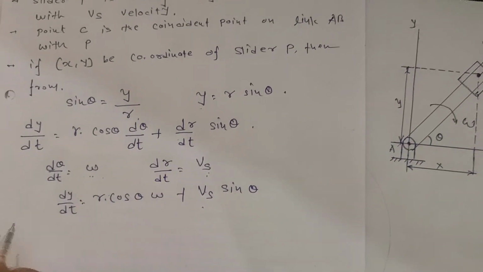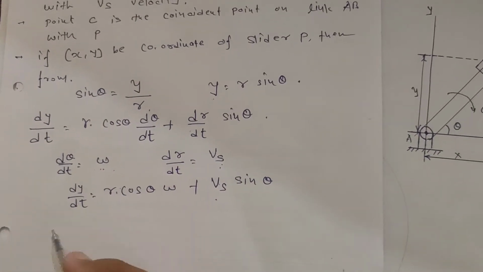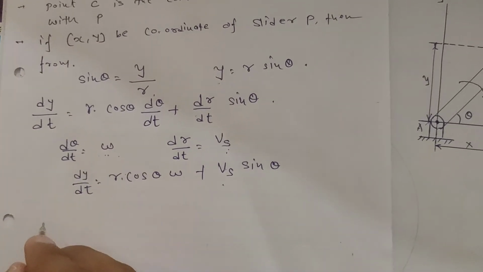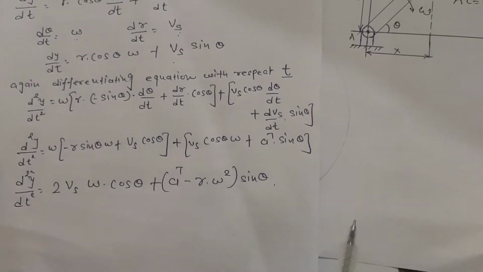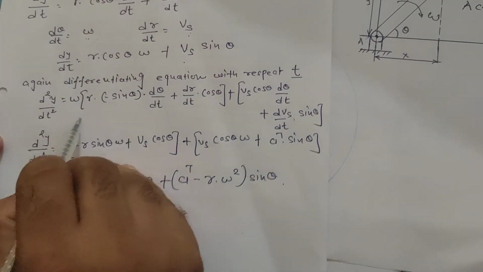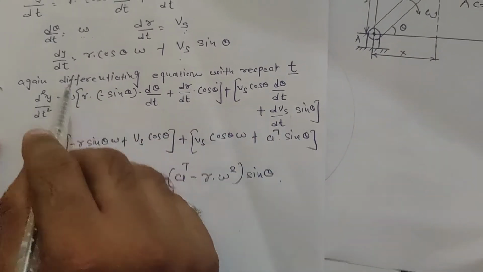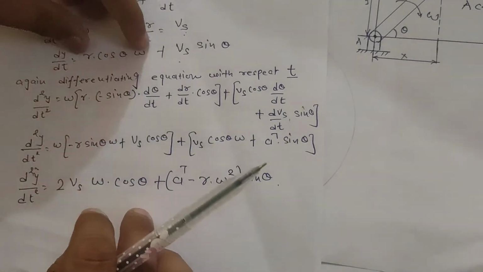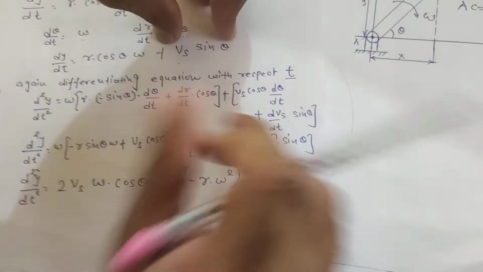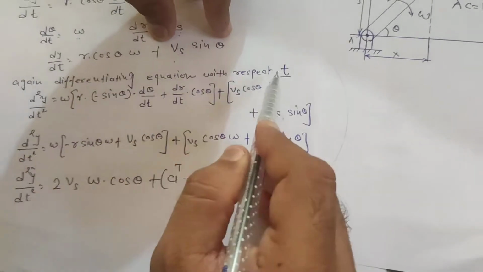Now, differentiating this equation once again, we differentiate the first part and then the second part with respect to t.